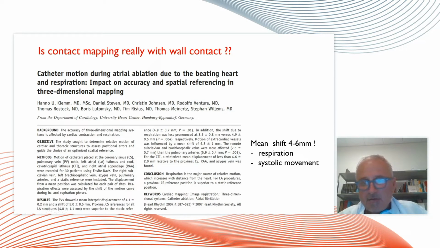Now, even though you turn on respiration compensation on your mapping system, that doesn't mean that the catheter is always in wall contact. With pressure sensing, you can see how much effect this has. And in reality, mapping catheters probably have around 50% wall contact, and 50% is non-contact mapping with a very poor technology.